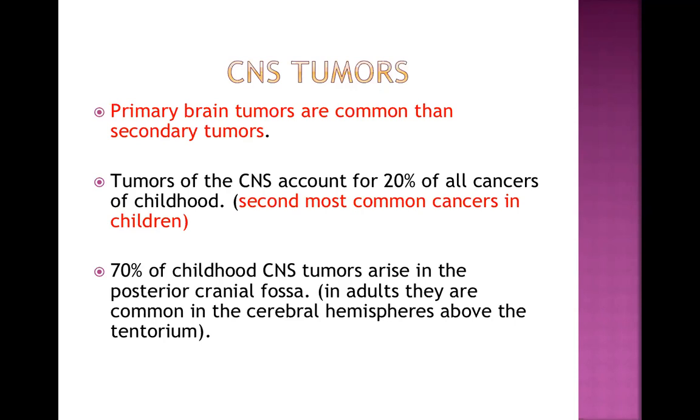This is known as the supratentorial area or supratentorial compartment, and below is the infratentorial compartment. So the posterior cranial fossa is the infratentorial compartment. So in children, brain tumors commonly occur in the infratentorial compartment, whereas in adults they mainly occur in the supratentorial compartment.